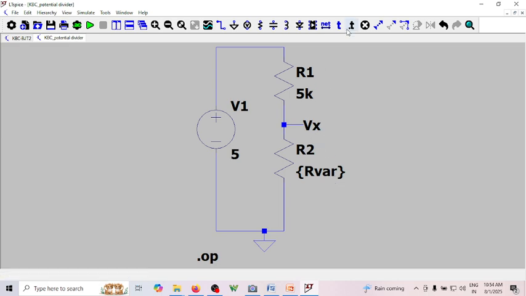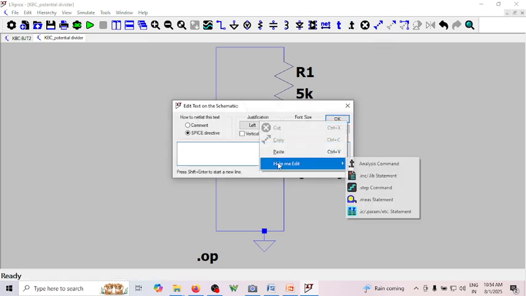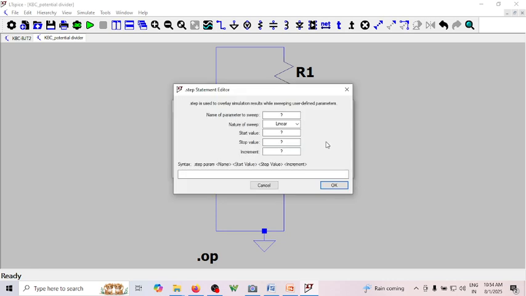So now let us go to here. Let me go to help me edit, the step command. In this step command, which parameter do you want to change? You want to change RVAR. Let me list the values that you want. This is 1k.